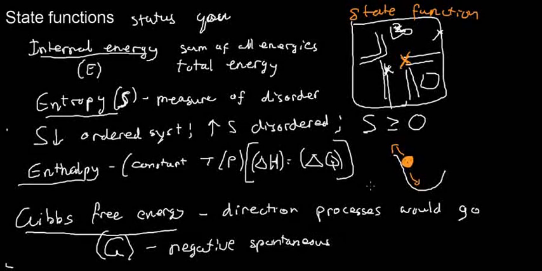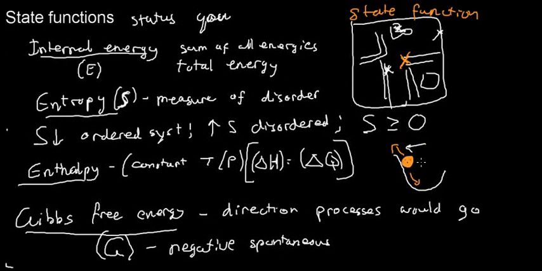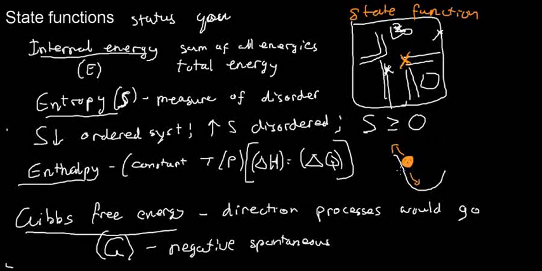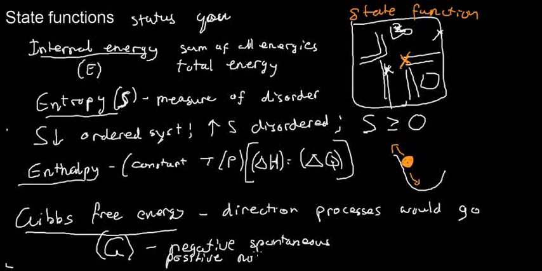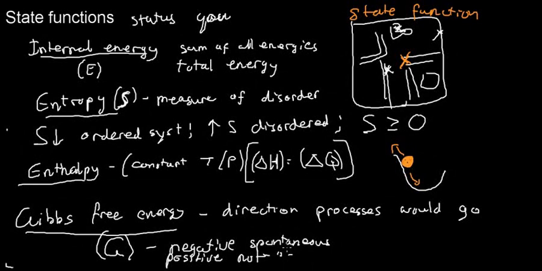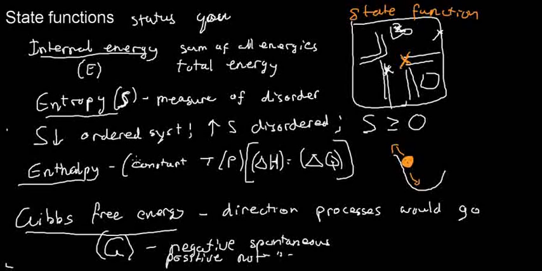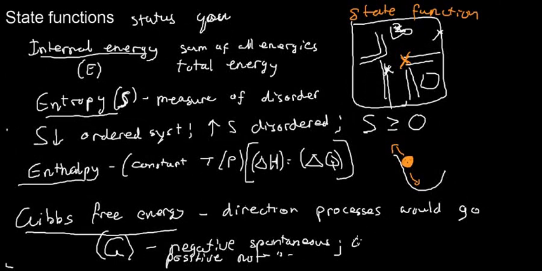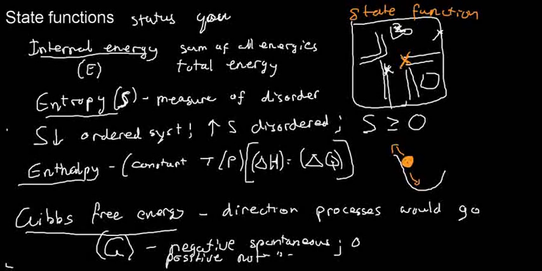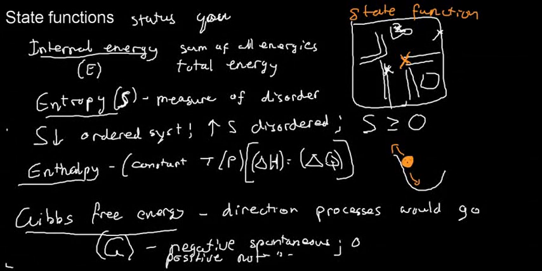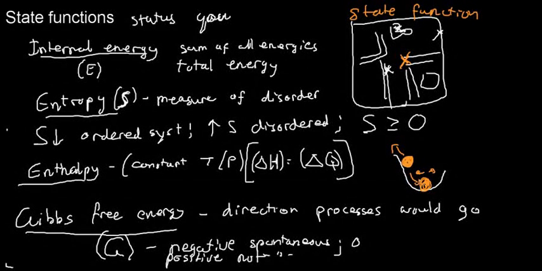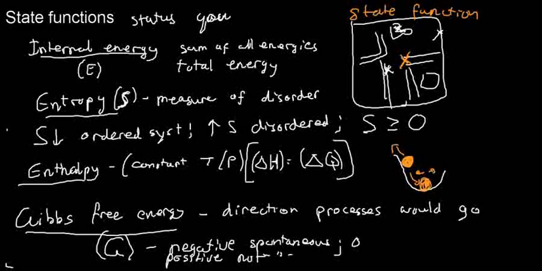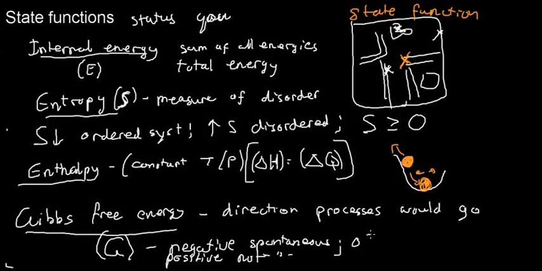Whenever the Gibbs free energy, just like climbing up the hill, is positive, we can assume that it's not spontaneous, and it does require energy. Whenever Gibbs free energy is zero, we have an equilibrium. In this instance, this rock is placed right here in the middle, and it's as likely to go slightly to the right as slightly to the left.